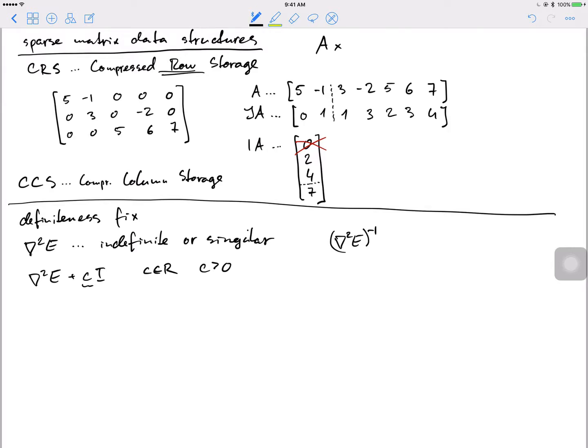If you pick C large enough, then all your indefiniteness or singularity problems go away. So that's what we discussed before. That's how you can cure the problem of non-convexity, which manifests itself as indefinite or singular Hessians.